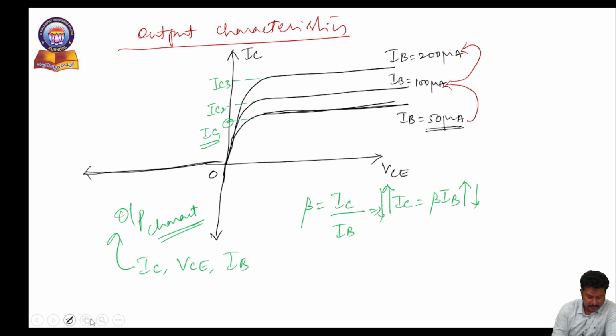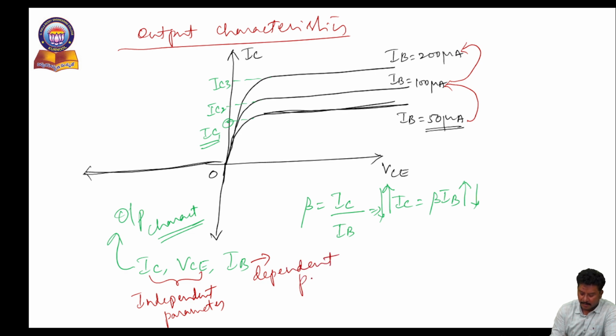In this, we have to consider these two are independent parameters, and this is the dependent parameter. Okay. So from the output characteristics, we are concluding that... Sorry, a little bit of modification here.